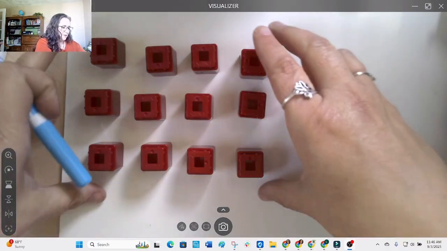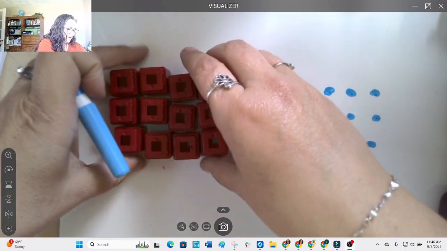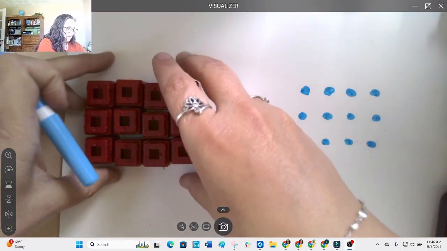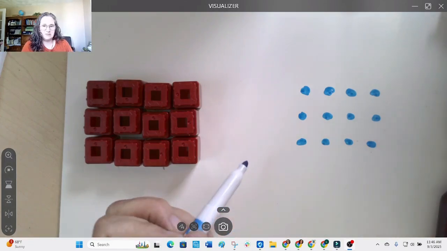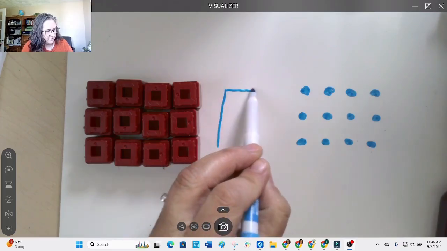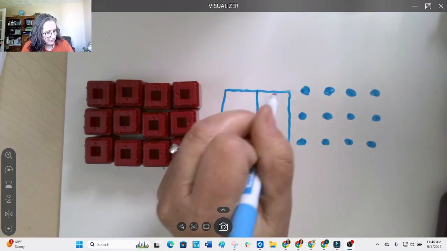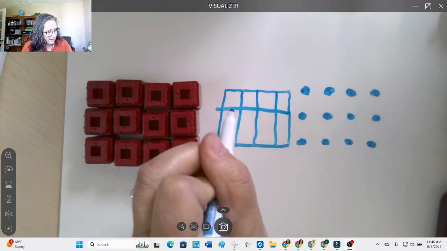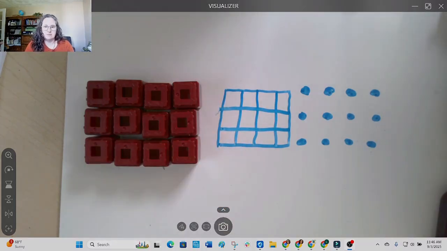So I could take all of my cubes in my array and put them together in a way that shows no space in between them. And if I was going to transition my drawing, I could also draw a tiled rectangle and use a grid that shows each item in my array without spaces between the items.